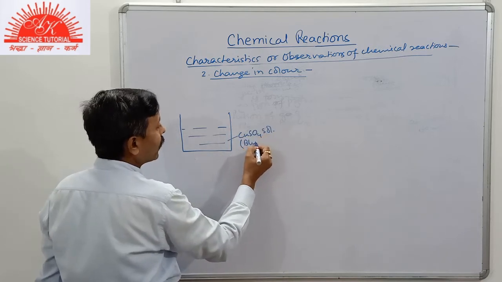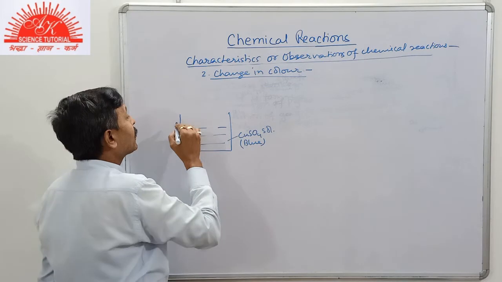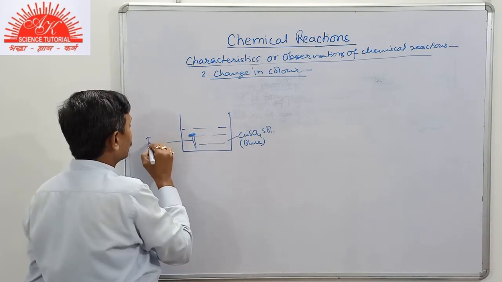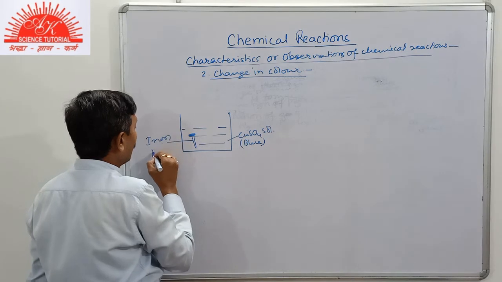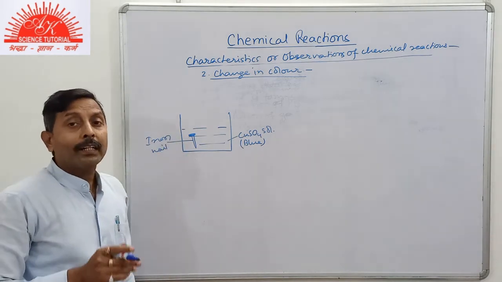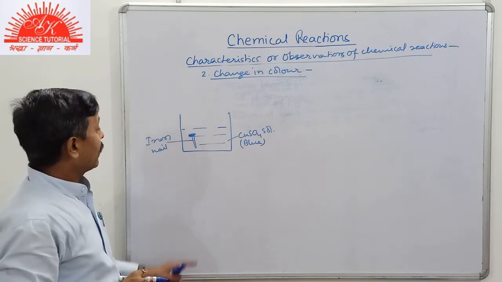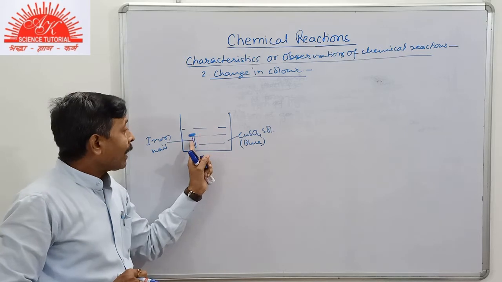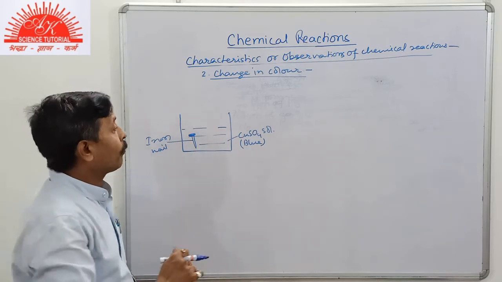Now it is blue in color. Suppose when an iron nail is added to it, then gradually the reaction takes place, and in the metal activity series we know that iron is more reactive than copper.